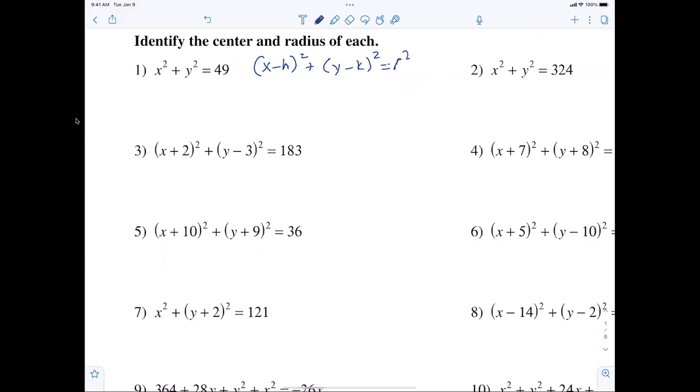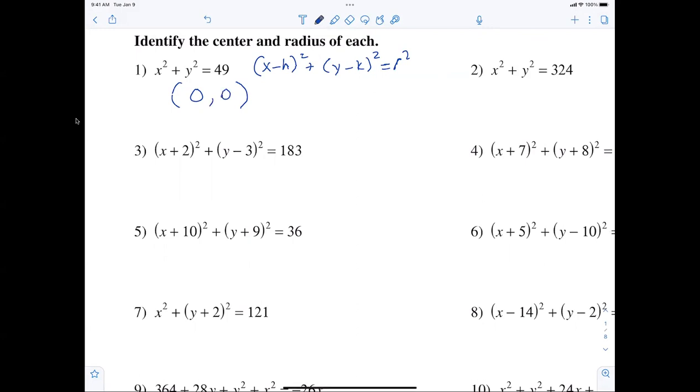You might as well write that a couple of 10 or 20 times, and then eventually you'll be able to see it. So the h is what's after the x. What is after the x? Good, 0. What's after the y? Very good, 0.